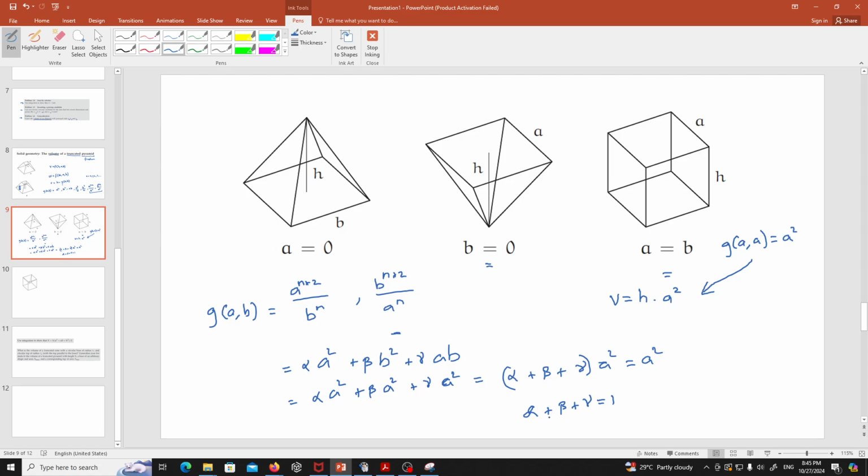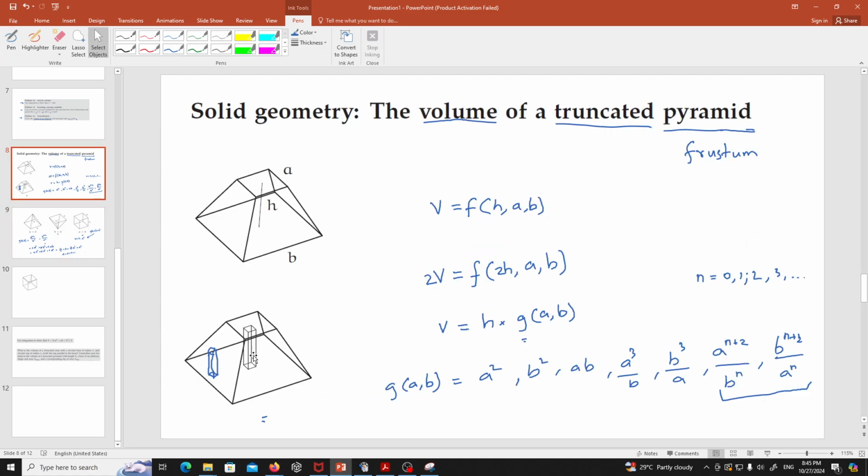And one more thing, look at the previous slide and this picture. What if I change A in the place of B and B in the place of A? So F of H comma A comma B and F of H comma B comma A. I just change the dimension of A to B and B to A. What will happen to the volume if I do that?